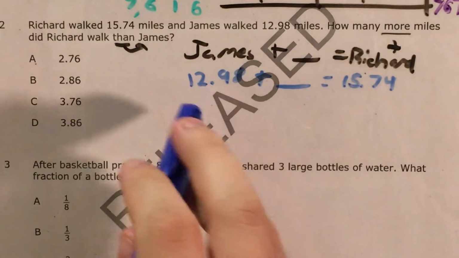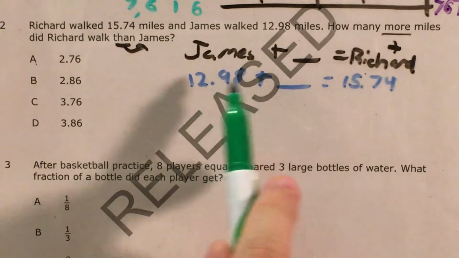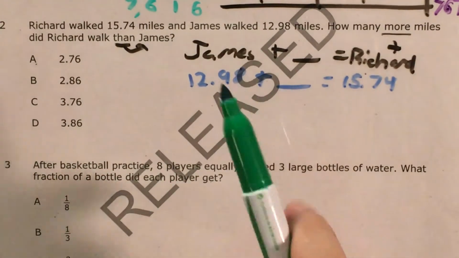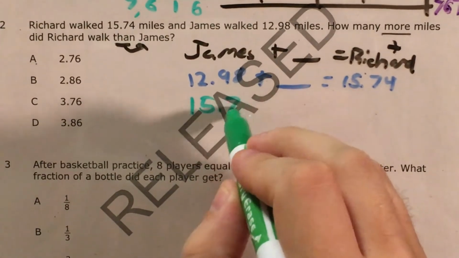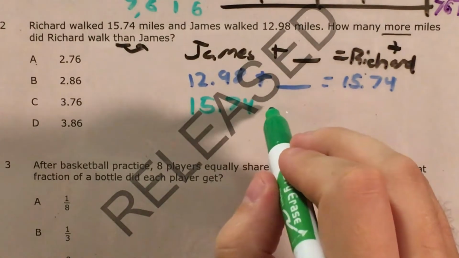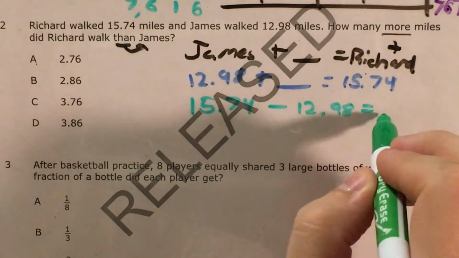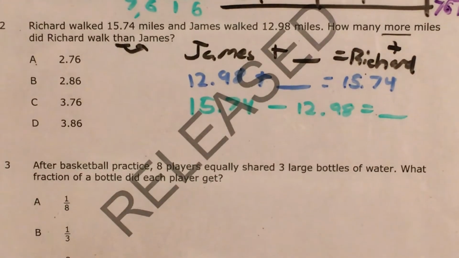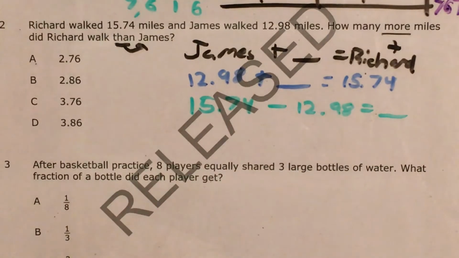But for now, I'm going to use my fact families and say that if I know that 12 and 98 hundredths plus something equals 15 and 74 hundredths, then I can flip this around and say that 15 and 74 hundredths minus 12 and 98 hundredths equals this unknown number that I'm trying to find.